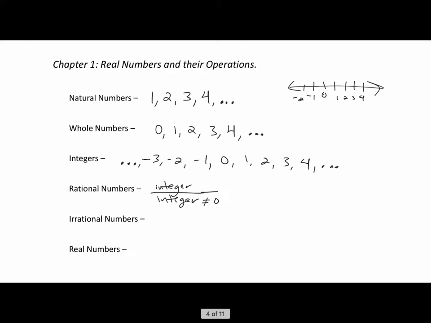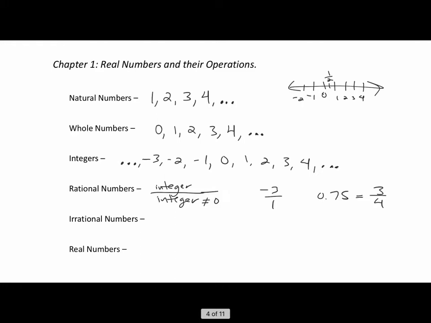All of these integers are rational numbers because they can be written over 1, right? So all integers are rational numbers, but then also fractions like 1/2 or 0.75, that can be written as a fraction. So that is a rational number.